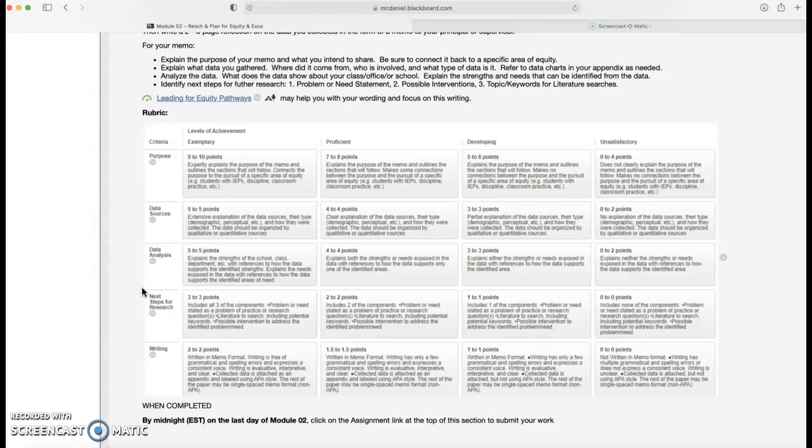Checking off all those different elements of that rubric will really help you to be successful in this assignment. It will also help us continue down the track of our action research plan, because this first assignment will become the first part of your major paper, which we're going to be writing for this course.